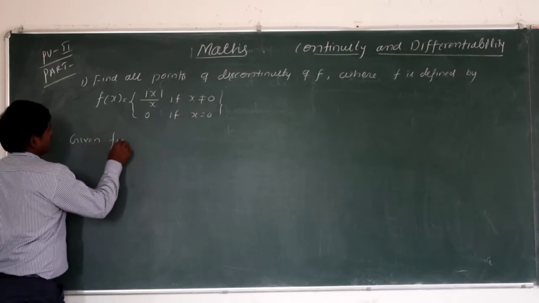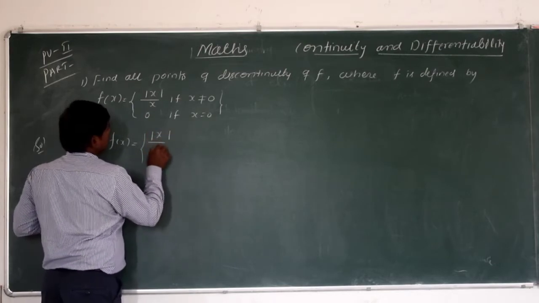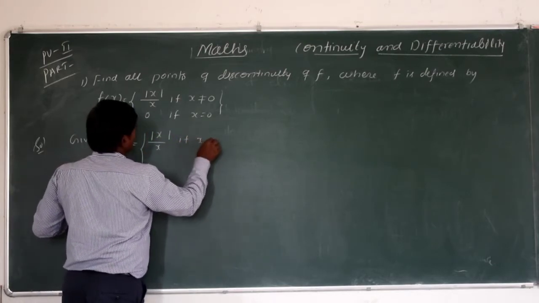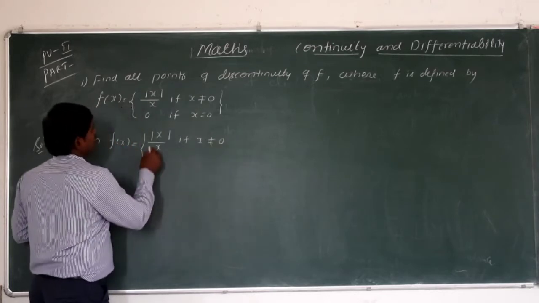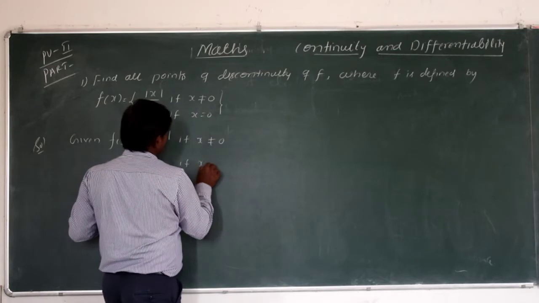Given f of x is equal to mod x by x if x is not equal to 0, and 0 if x is equal to 0.